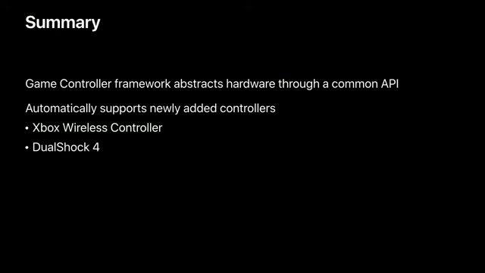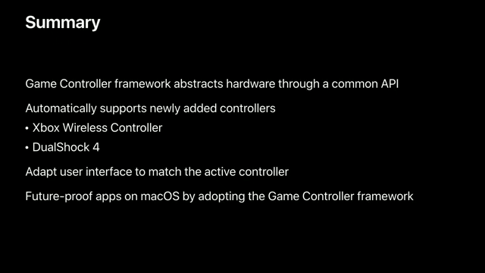However, in order to provide the best user experience for your players, you should take care to adapt your game's UI and on-screen indicators to the active controller. And finally, ensure your macOS apps stay compatible with future OS updates by migrating existing controller support from lower-level APIs to the Game Controller framework. More information about this year's Game Controller update can be found on the Apple developer site.